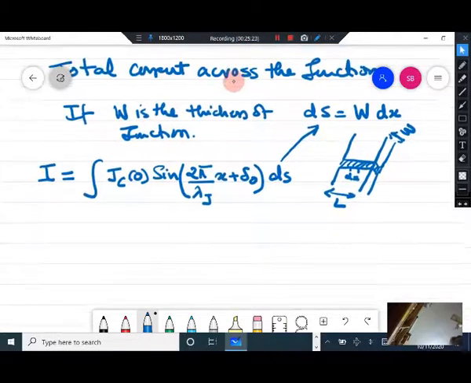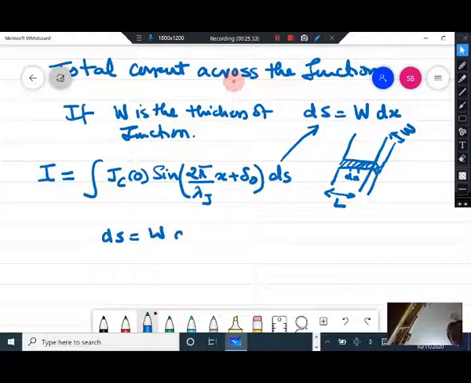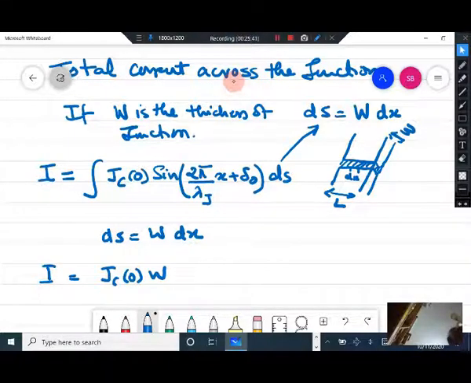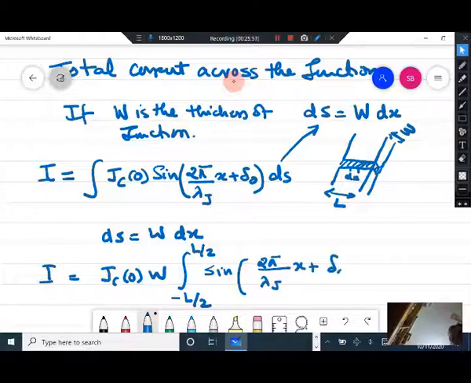And we can write ds as W into dx. So the total current I will be Jc0 into W, integral of minus L by 2 to plus L by 2, sine of 2 pi by lambda j times x plus delta 0 into dx.